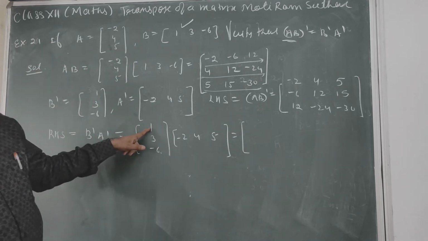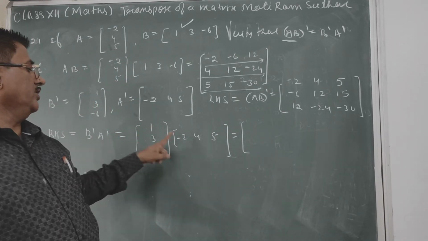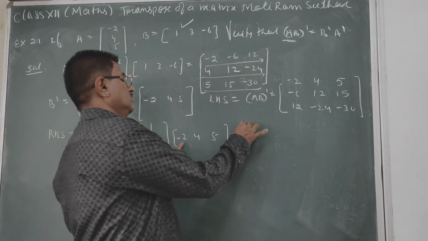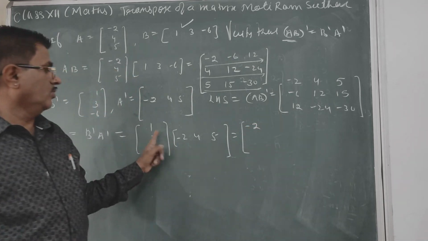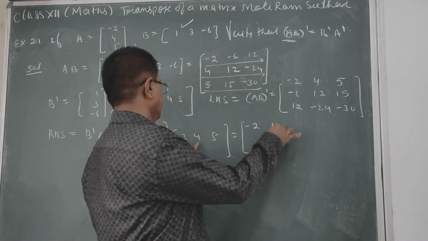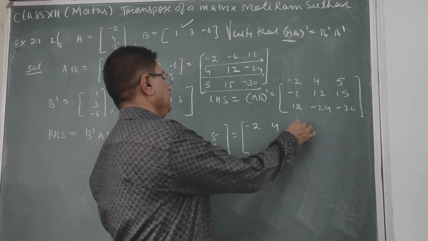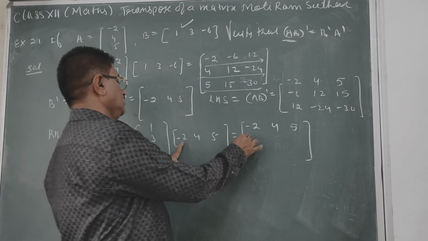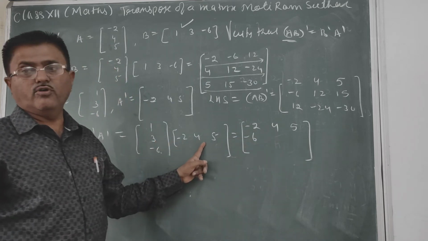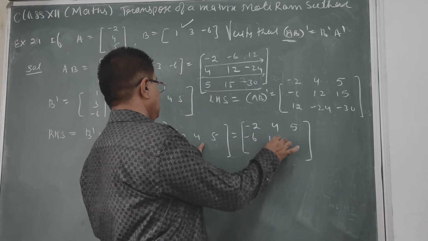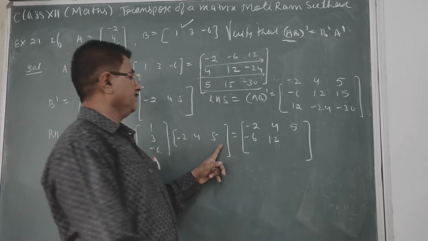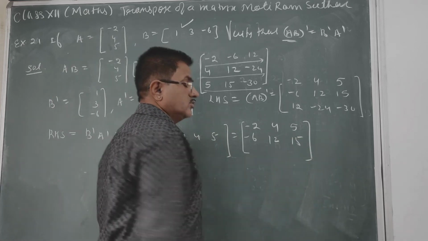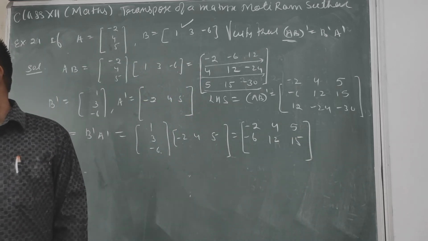So very clear, carefully you take 1 into -2 first element of first, 1 into 4, 1 into 5, then 3 into -2, 3 into 4 12, 3 into 5 that is 15. So this is the elements of the second.